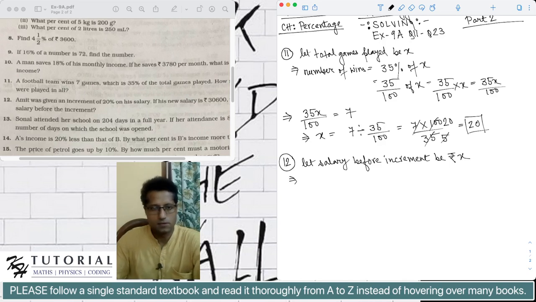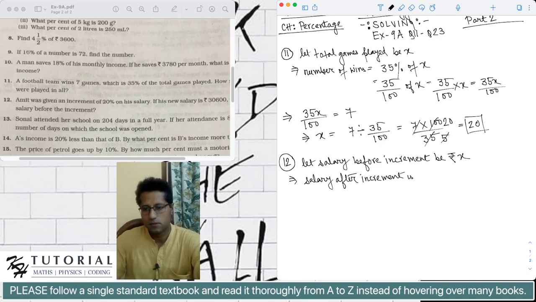Now it is said that Amit was given an increment of 20% on his salary, which means the new salary after increment will be 20% more than before increment.